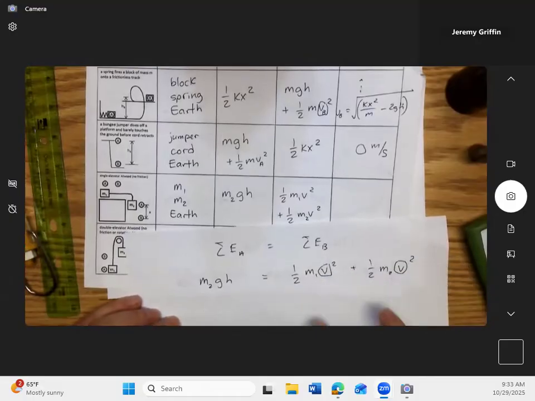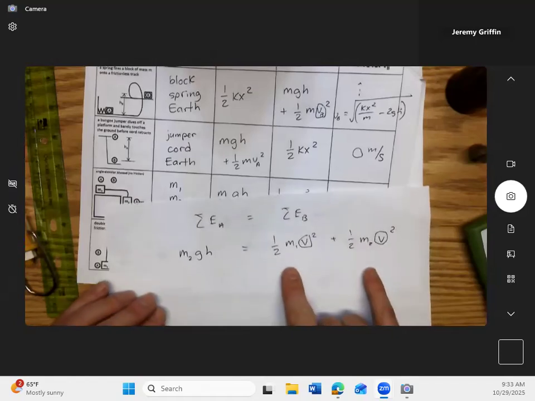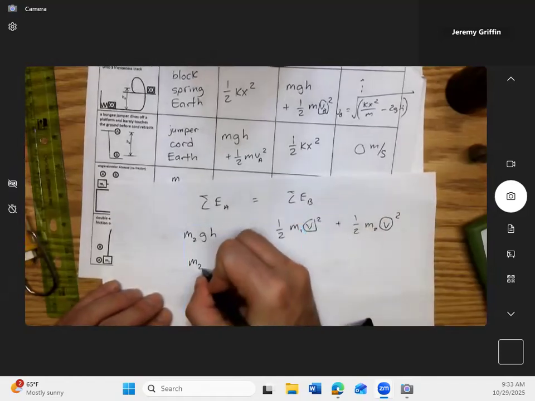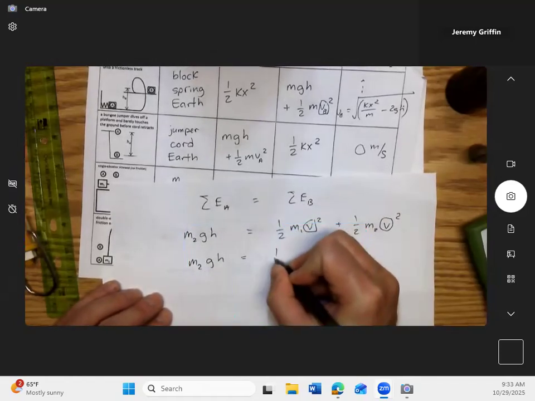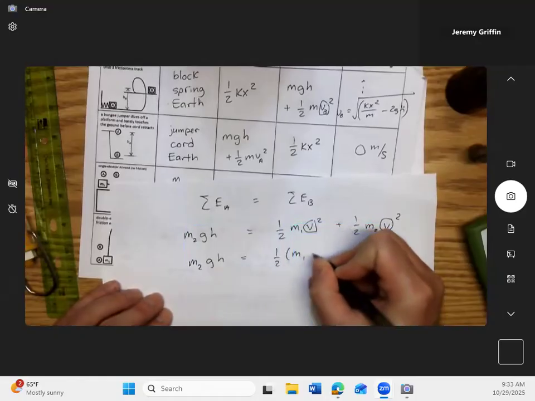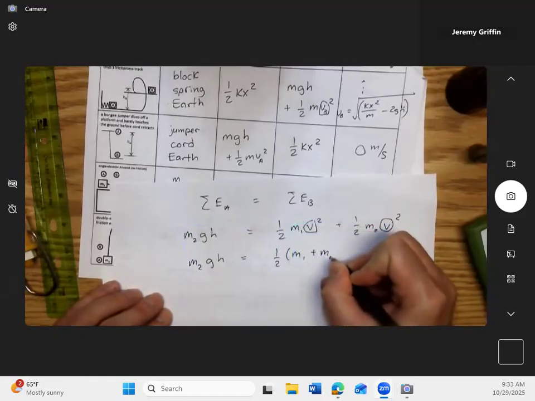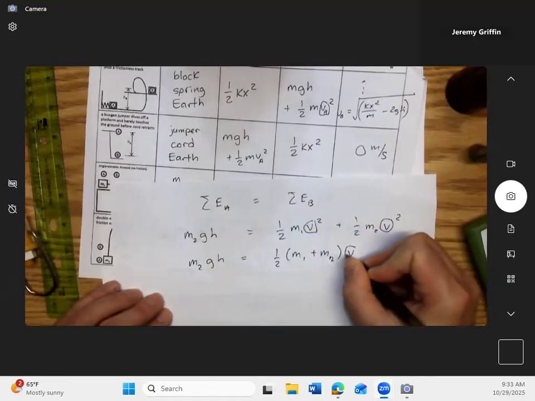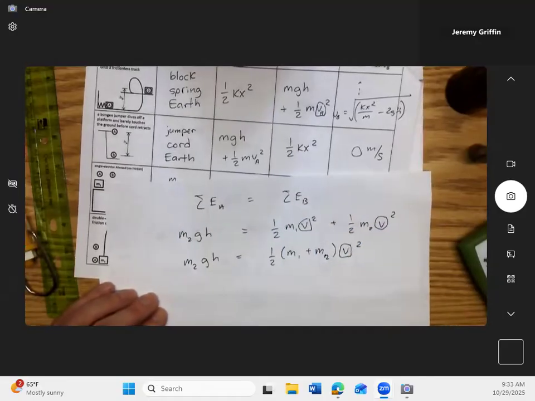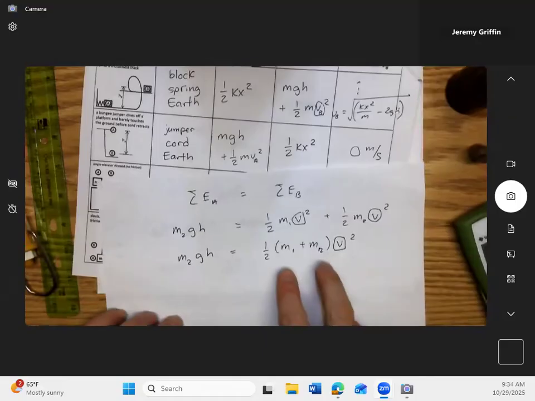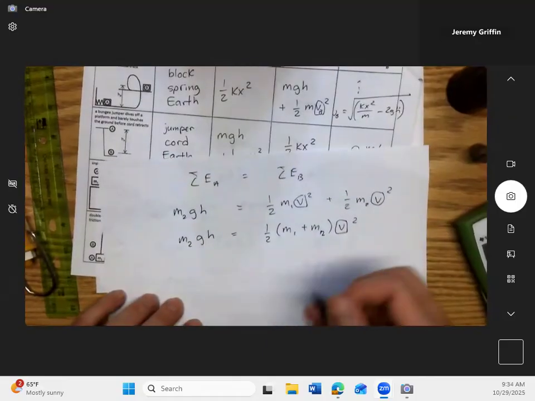Could you, if you want to, factor out the V squared? Here, I'll do it. M2GH equals, so you got one half. Could you think about the mass as being like a giant mass block like this? Algebraically it works. And then we multiply by 2 and divide by the masses.